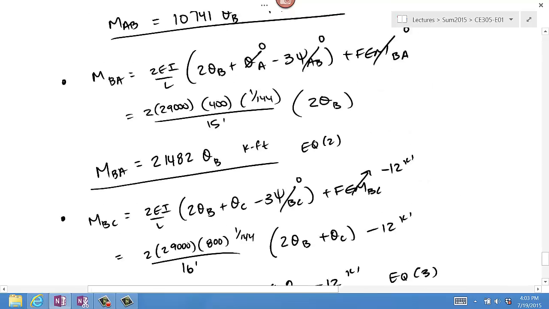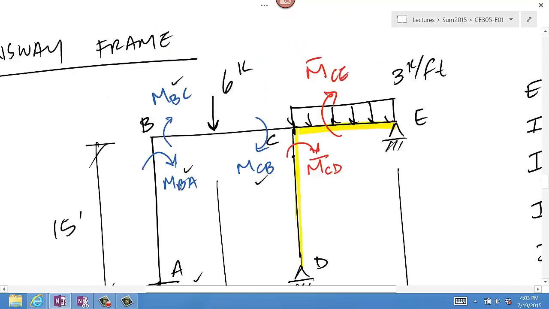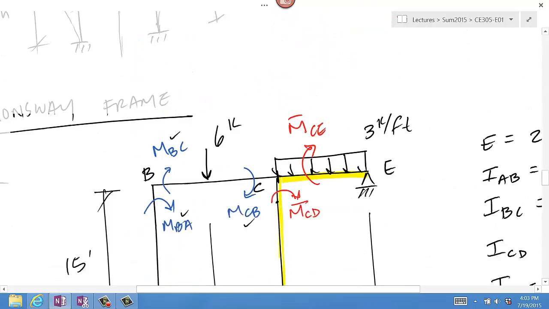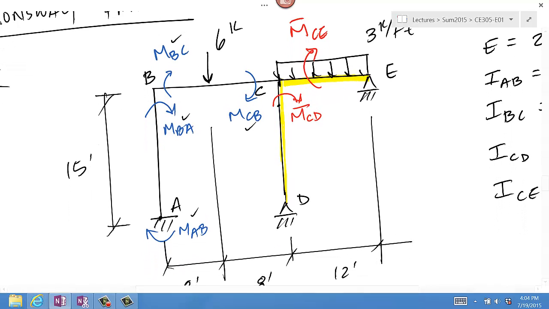So psi CD, if you look at CD again, CD is the column. So the psi term for this column is 0 because you don't have any lateral settlement nor sway. Therefore you don't have any rotation of your chord, CD. And then FEM bar CD, the last term here, only deals with span loading.